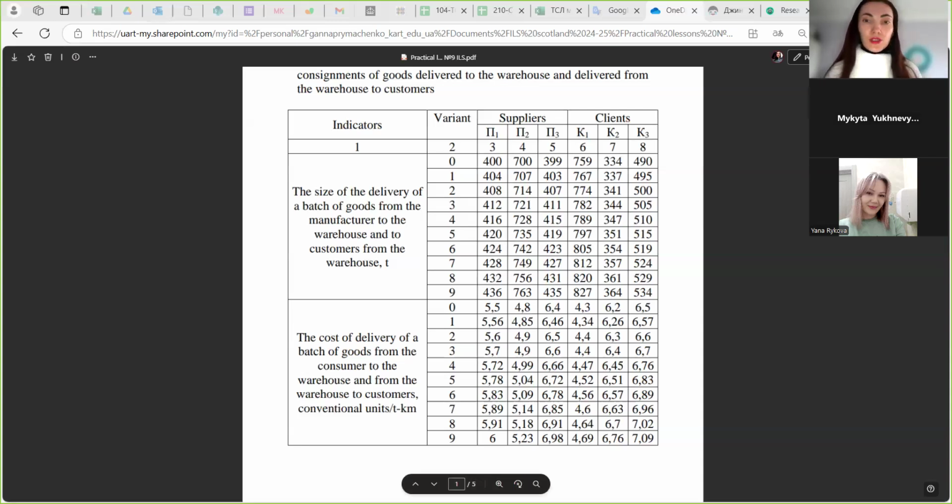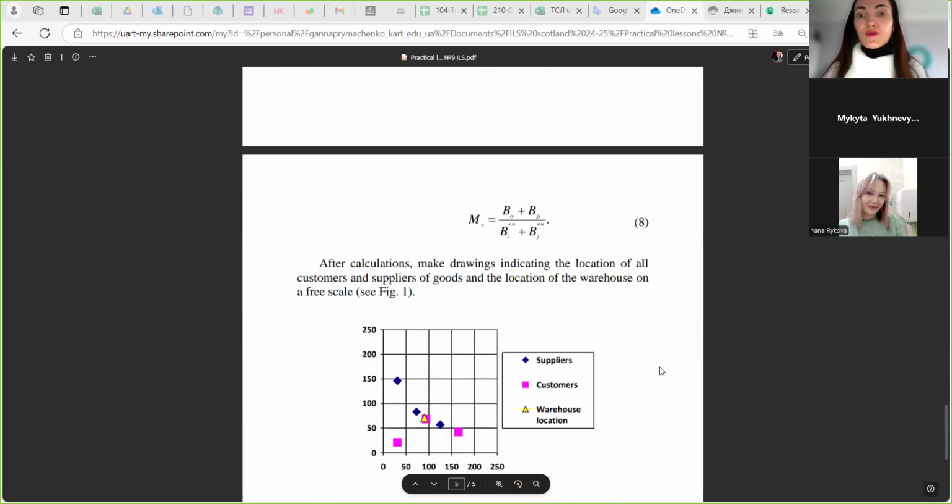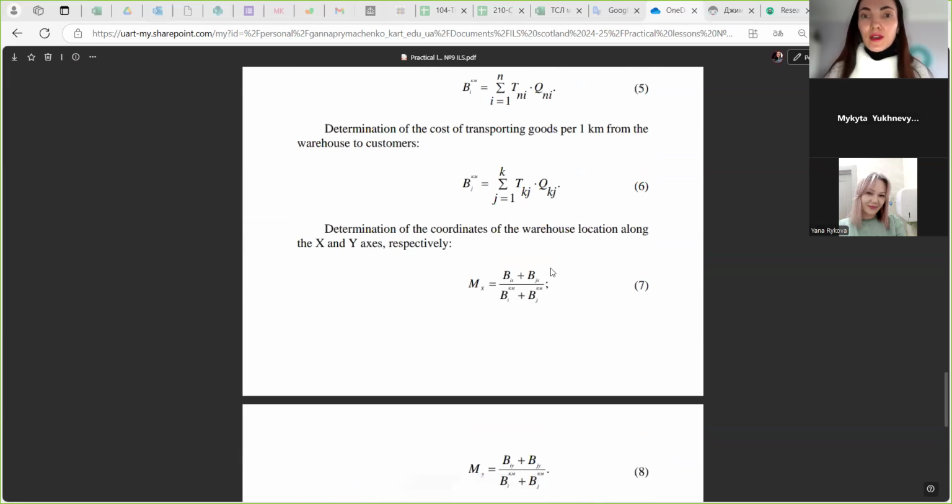Okay, already done. And we do our next formula, it is formula number 7. We need to find the coordinate of our warehouse. Please write M with index x, by axis x, is equal to.